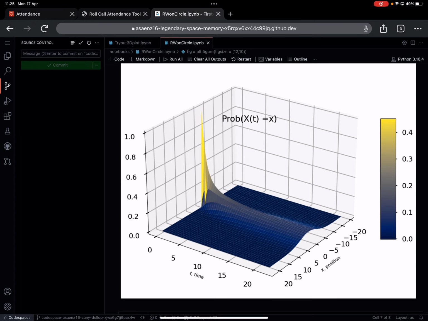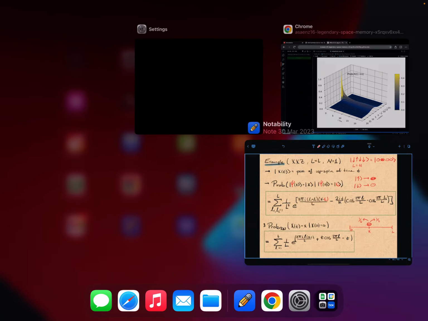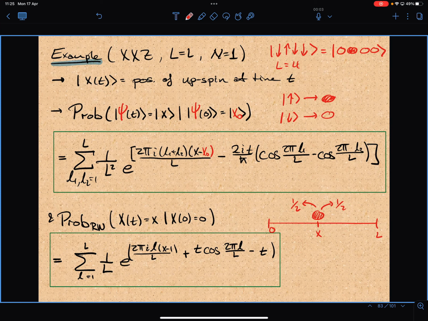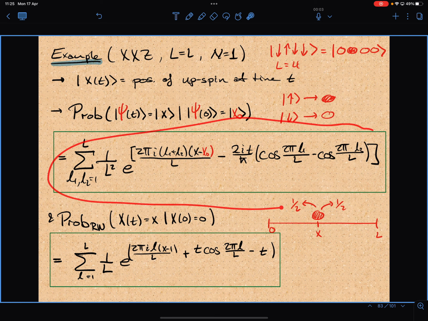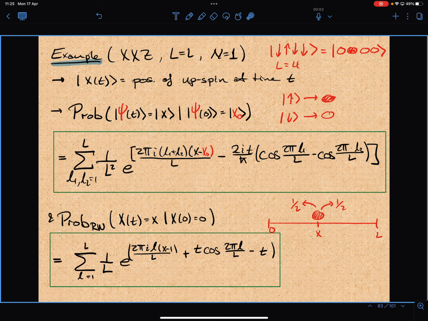All right, so now that we looked at graphs, the goal for the rest of the lecture is to actually derive this formula. Yes? What is the difference between those two formulas? So the formula up top is, for the quantum case, the probability of finding the upspin at position x at time t.